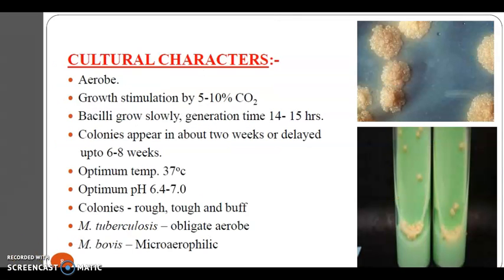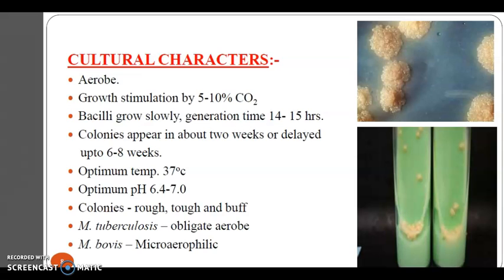Coming to the cultural characteristics of Mycobacterium tuberculosis, the bacilli grows slowly and the generation time in vitro is around 14 to 15 hours. The colonies appear in about 2 weeks and may sometimes take up to 8 weeks. And the optimum temperature is 37 degrees Celsius and growth does not occur below 25 degrees Celsius or above 40 degrees Celsius.